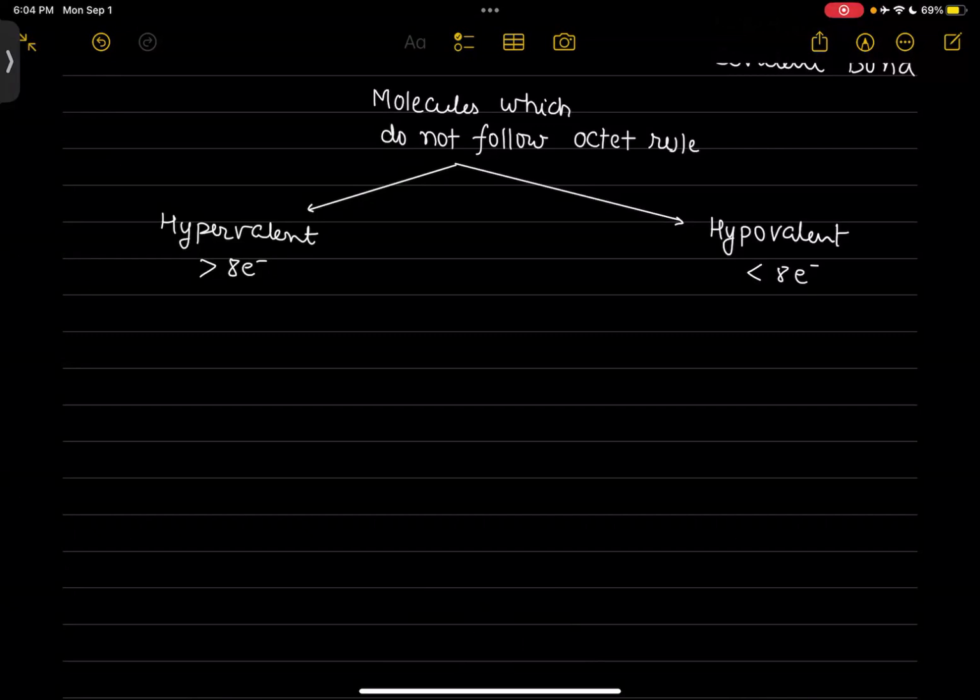So hypervalent: SO3, yes. PCl5, a very common example. How many valence electrons are there for phosphorus? 5. The phosphorus atom has 5 valence electrons, and after bond formation the electrons of the bond are common.